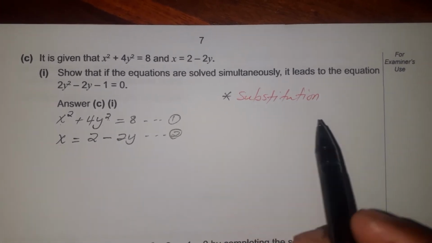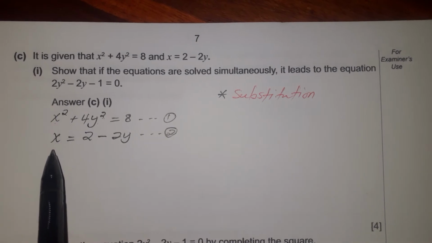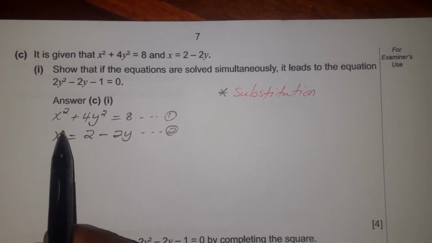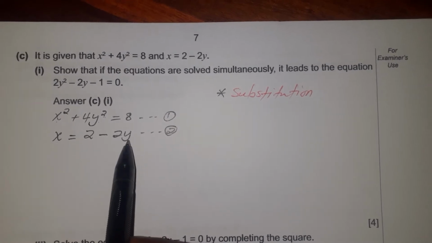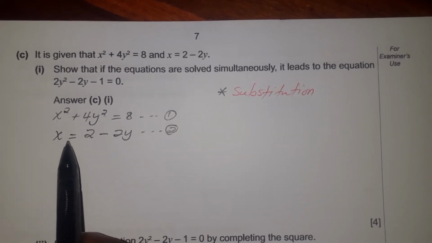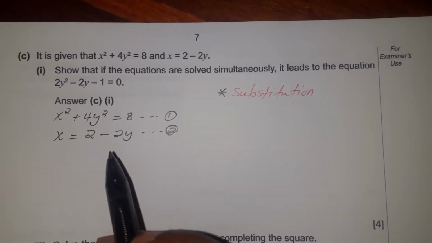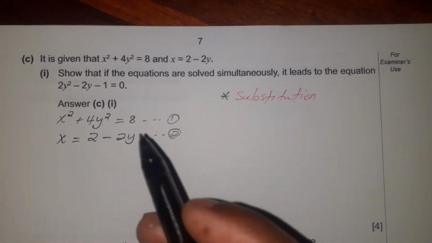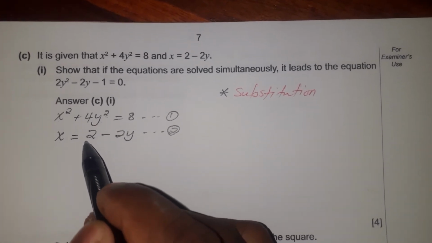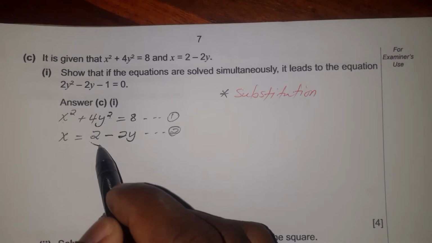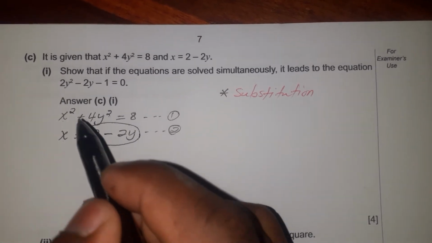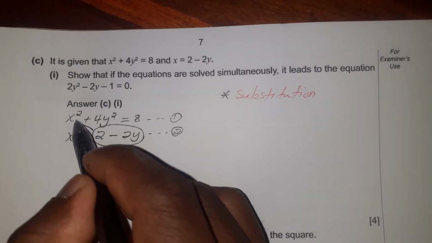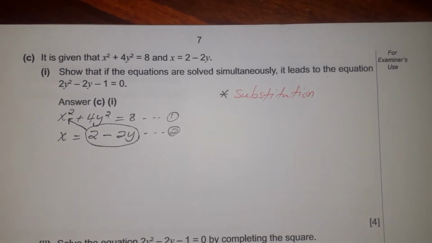Now, why do we use that method? Look, we are given already that x is equal to that, meaning x is already the subject of the formula. So it becomes easy for us. What we now need to do, we take this 2 minus 2y and then we substitute it in the place of x.